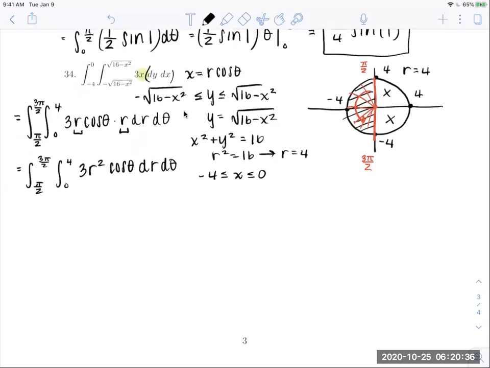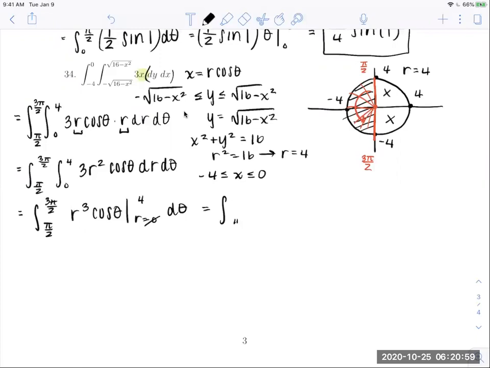All right, so I'll rewrite my outer integral, and this is going to become an r cubed cosine theta, where r is ranging from 0 to 4 d theta. Of course, when I plug in 0, I get 0 back out.